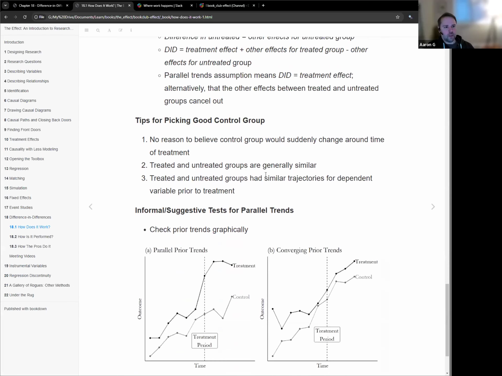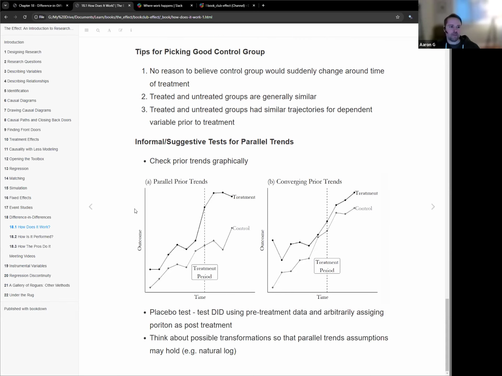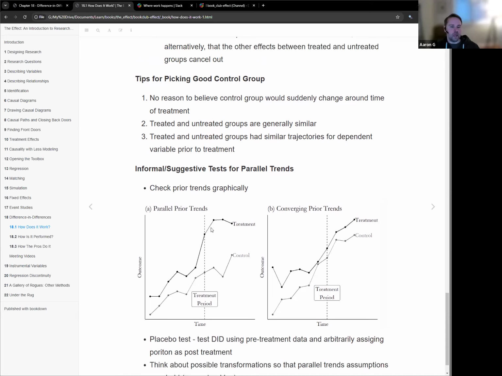And so the book goes through some tips on how to go about treating a good control group. One way you might want to do that is just look graphically. This is an informal test. Look for parallel trends before treatment, essentially.